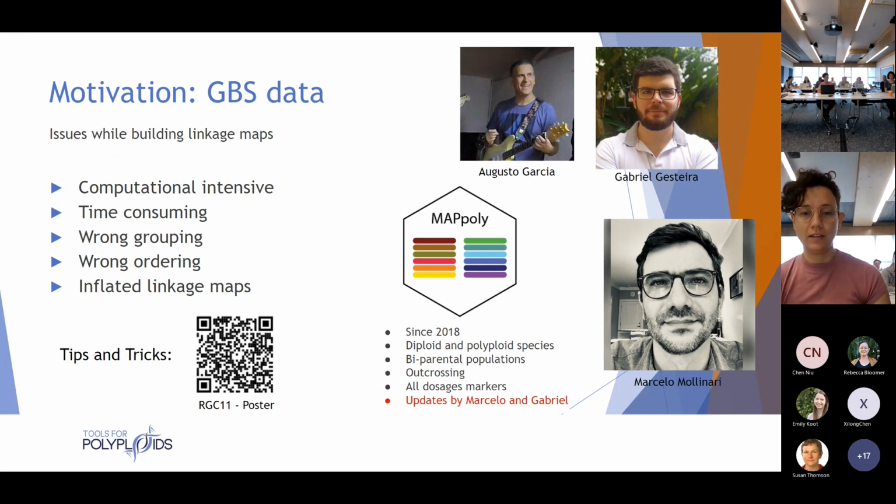So I tried to summarize all the tips and tricks to deal with sequence data in the poster that I presented at the Rosaceae conference. And if you want to access it, it's this QR code. This presentation will also be available, so you can see the overall picture of tips and tricks.